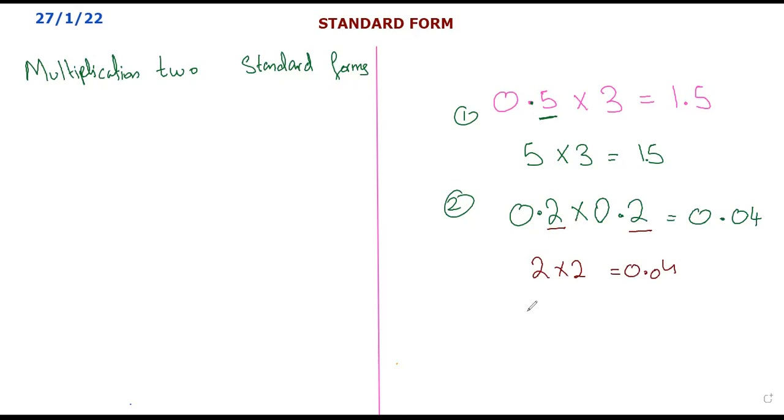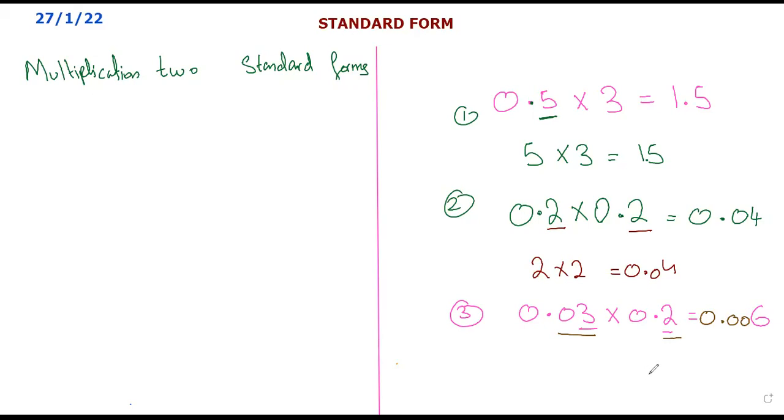What if we had 0.03 multiplied by 0.2? This time the answer would be 3 into 2, 6. How many decimal places? 2 and 3. Yes, very good. So 0.006.